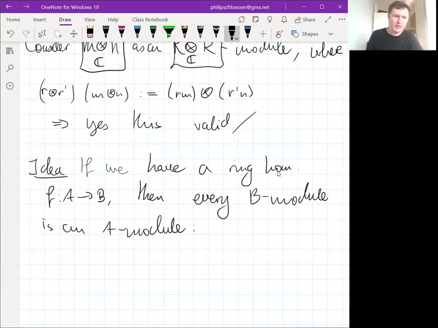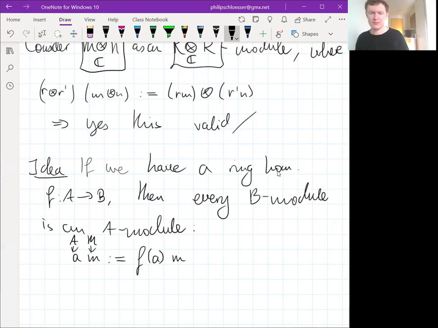And how do we do that? Well, if a is an element of A, then we can define the multiplication just by saying that we apply f to a, we get an element of B, and then we multiply that with our element of M, where we're using just the B-module structure.